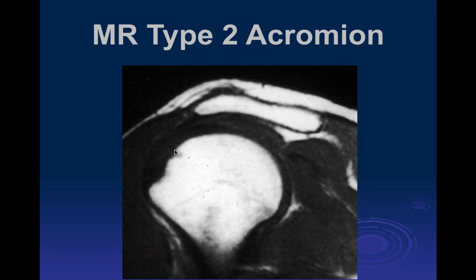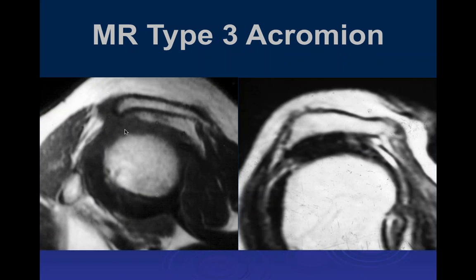is pretty much equidistant. And then there's a type 3 acromion, where you have an anterior hook on the acromion, either congenital, which we're seeing on the left, or an acquired osteophyte, which we're seeing on the right. So this area here is an acquired osteophyte.